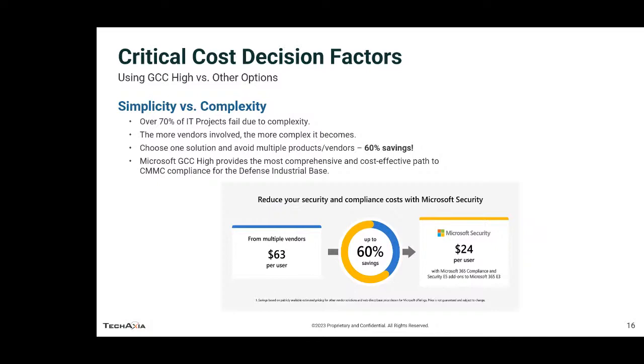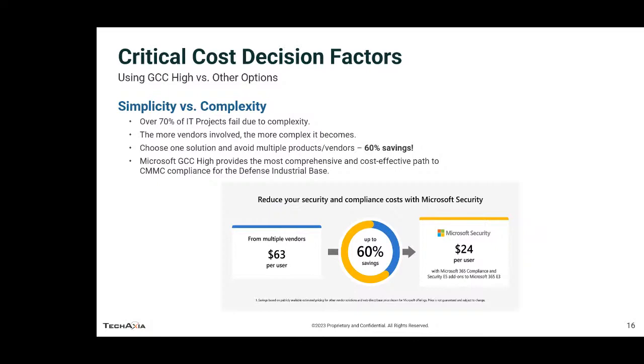For example, this is a recent survey that was done. Typically, companies use multiple vendors for different functions, but over the recent years, Microsoft has consolidated most of these functions into one platform, the Microsoft Cloud Platform, especially the security stack.